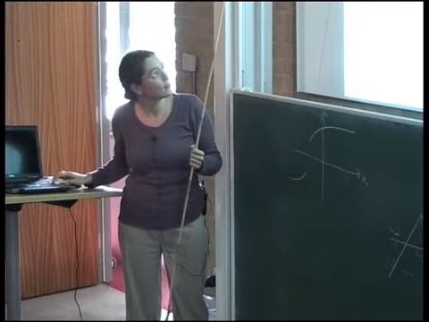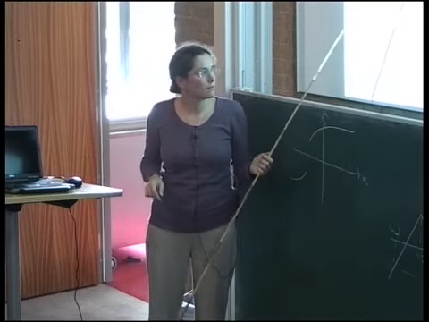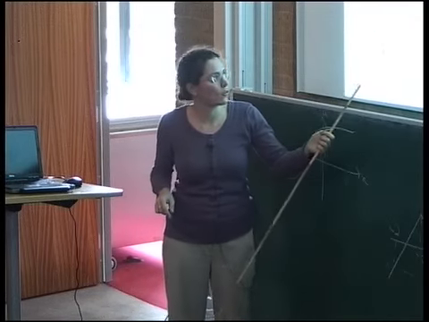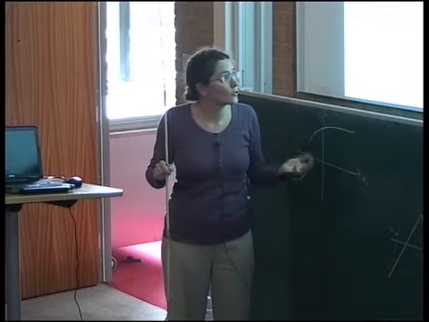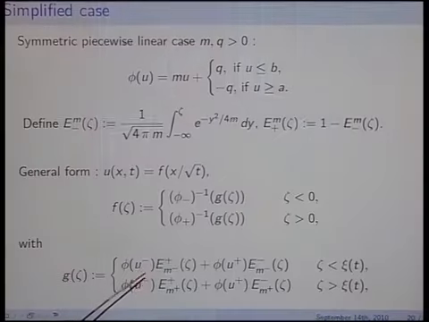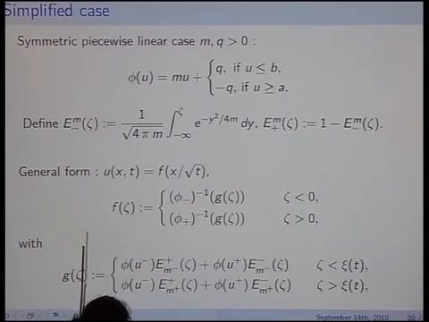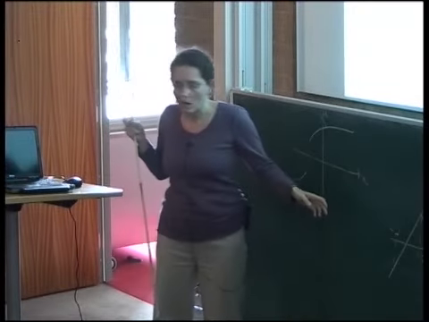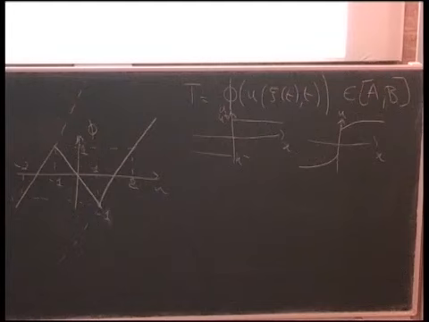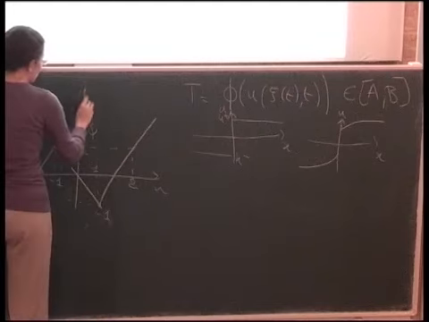And what we find is that you can express u completely as a function of x over square root of t, as I showed you before, and it's a combination of these error functions. You have to consider also here phi plus and phi minus, which are the continuation of these two linear functions. So this is phi minus, and this is phi plus.